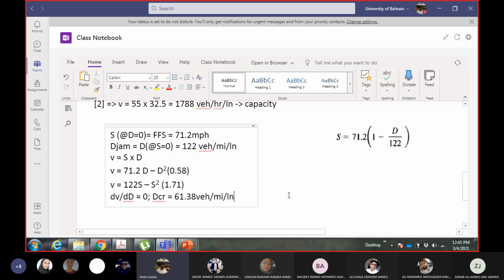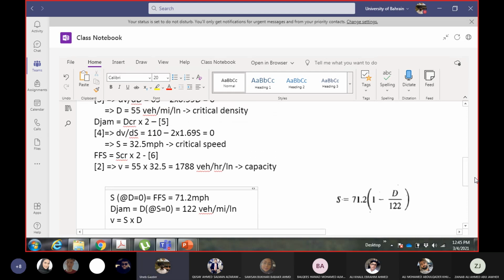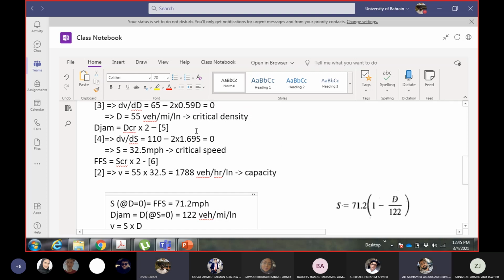And there was another method of finding critical density, which was what? When I found the critical density here, what did I say then? Critical density is half of jam density, equation 5, times 2.